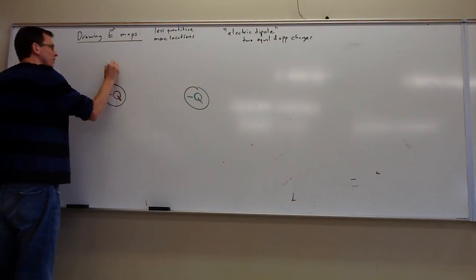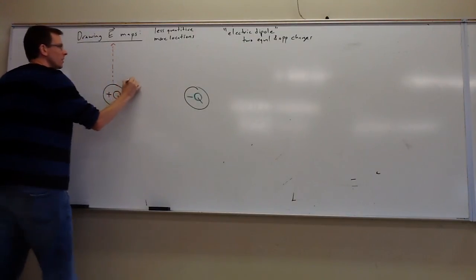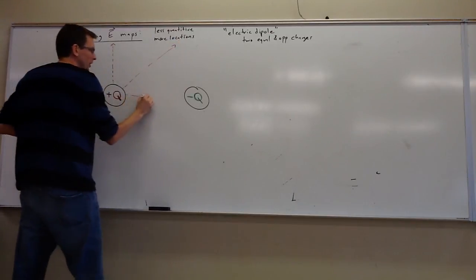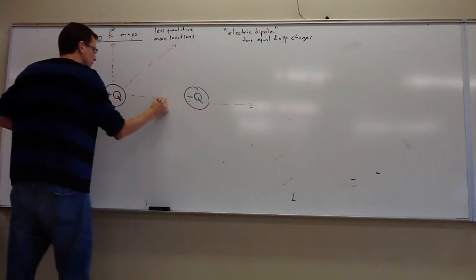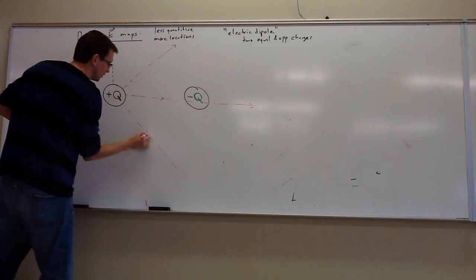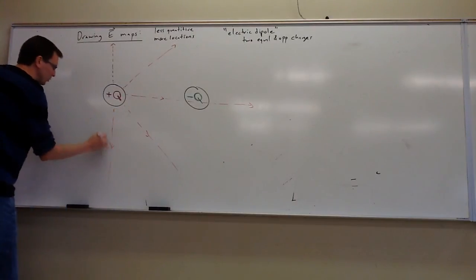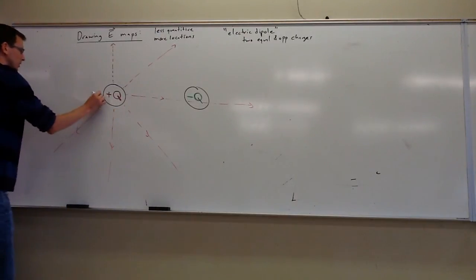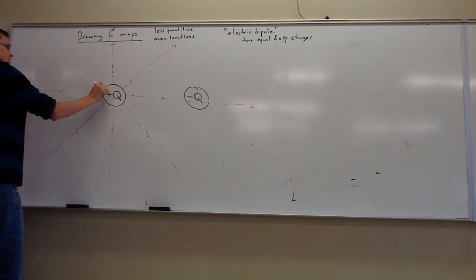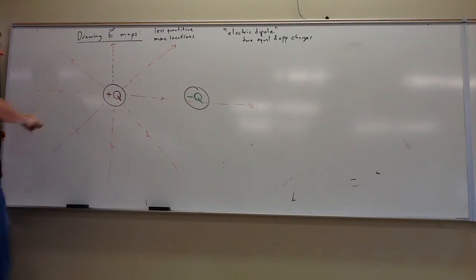So I'm going to draw their individual field lines. Positive charge points radially away. And I'm going to do it with dotted lines because, of course, both charges matter, so one of them alone is not going to be the whole thing. So there's my positive charge with its own field lines pointing radially away everywhere.